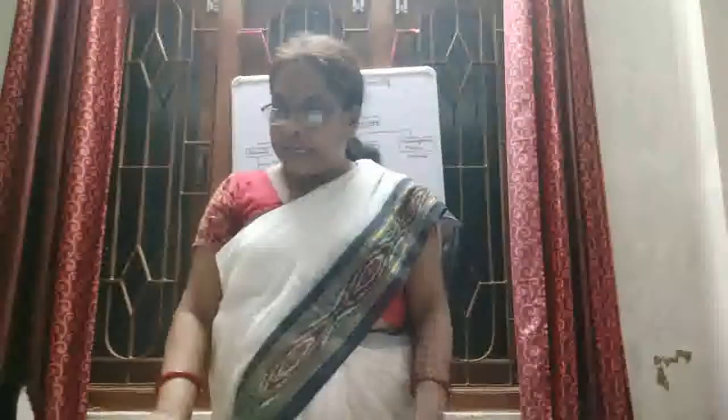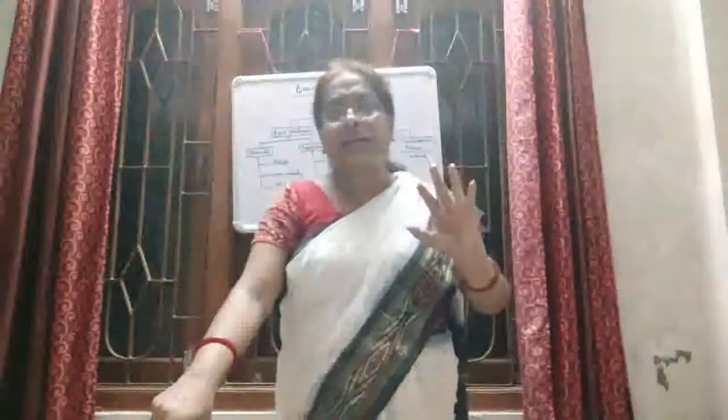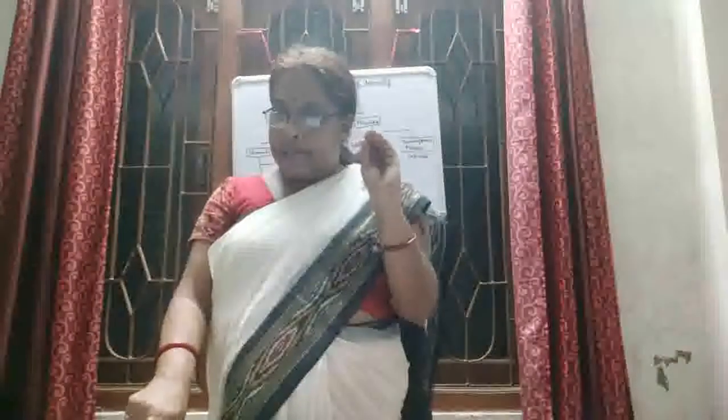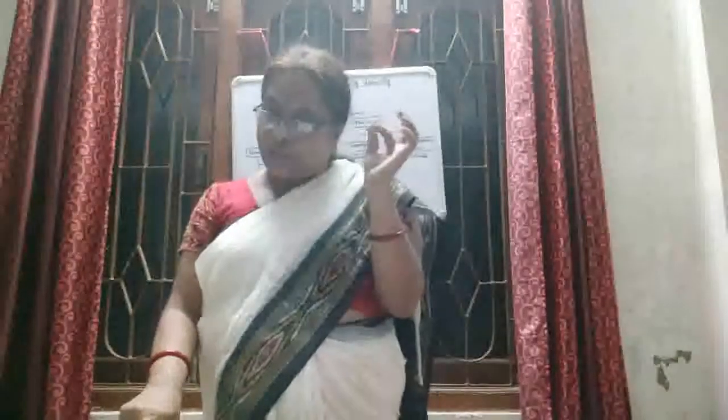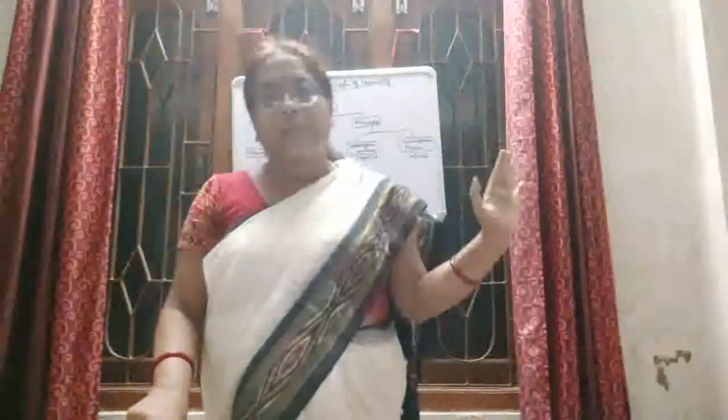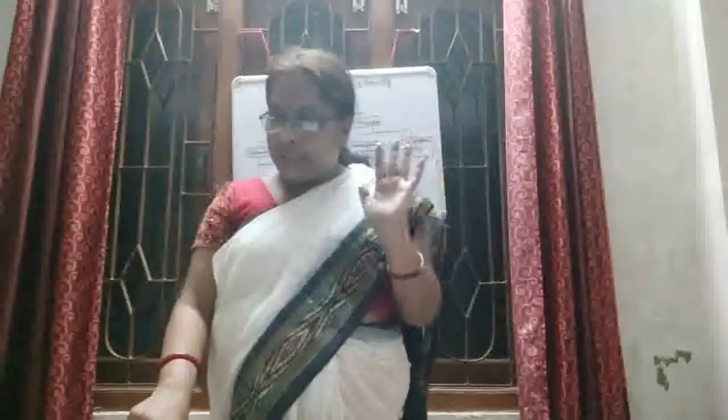Next, there are some physical quantities. Suppose mass and weight. Mass is generally denoted by small m, and it is the amount of matter present in a substance, and it remains constant for a substance at all places. Its unit is kilogram.